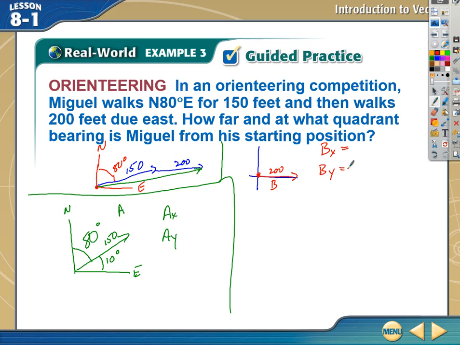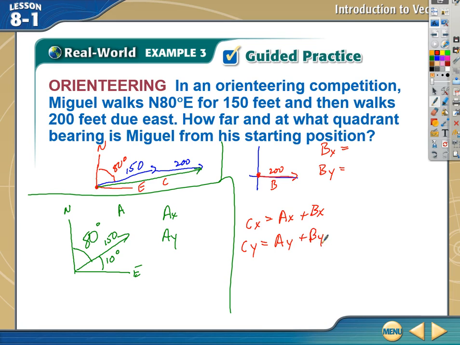And now I want to find my resultant. I'm going to call that C. So I want to set this up as find CX, find CY. And here's your hint. That's equal to AX plus BX. CY is AY plus BY.